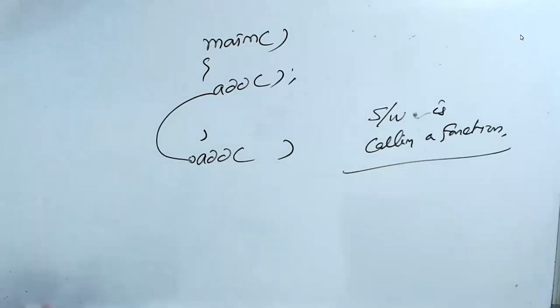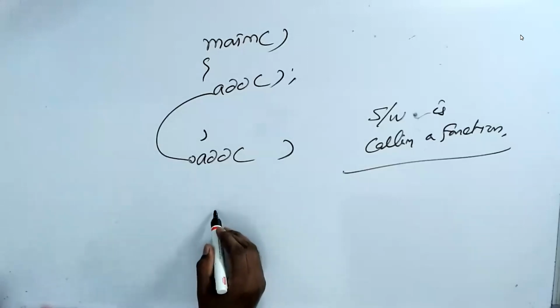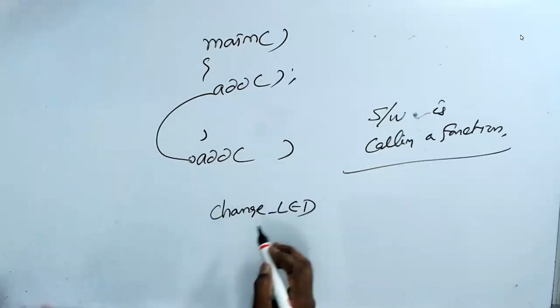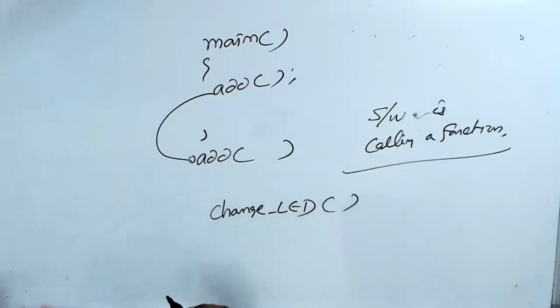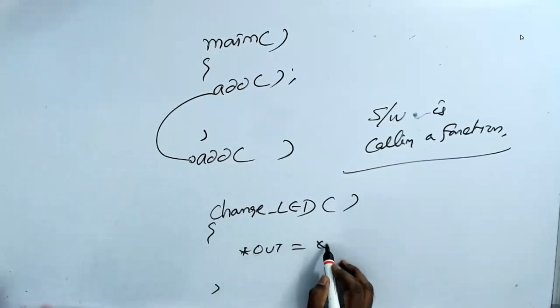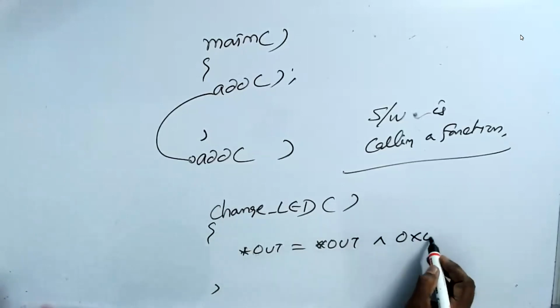Now let us assume that I have a function called change LED. Now I say star out is equal to star out XOR with 0x01.